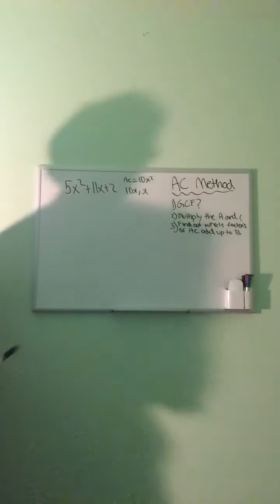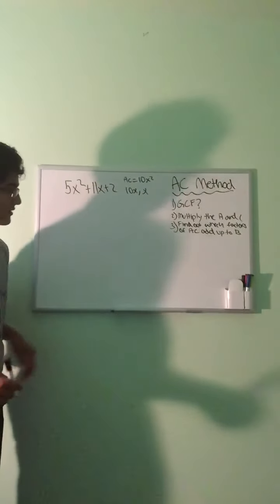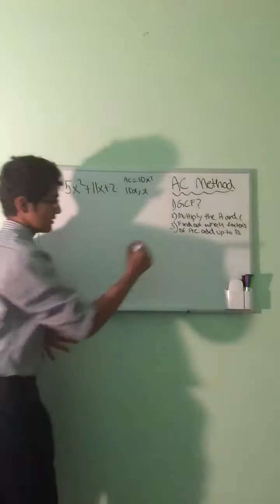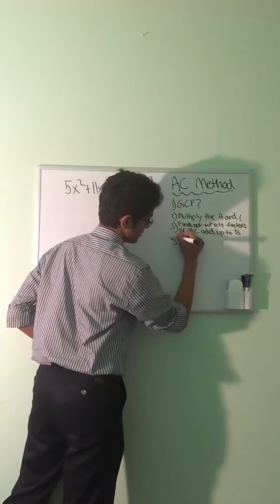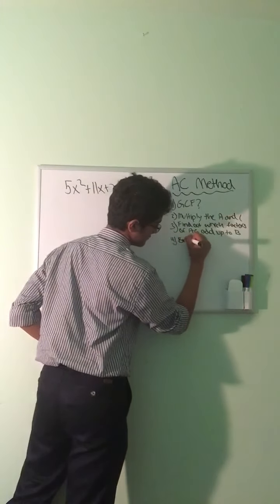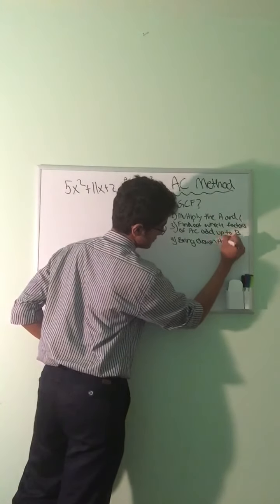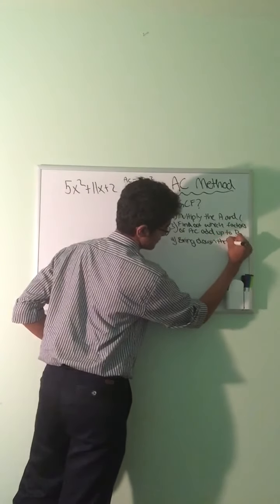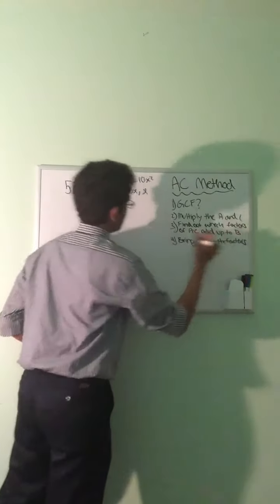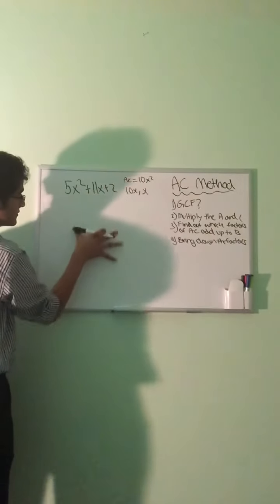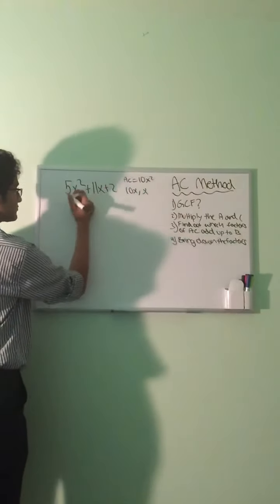Okay. Now the fourth step is you bring down the factors. So you bring down the factors, and you also bring down part of this quadratic.